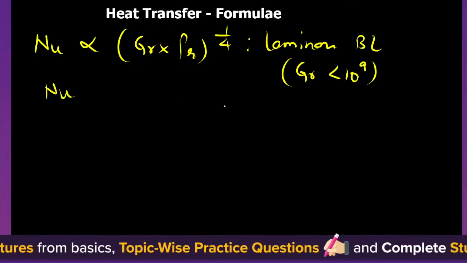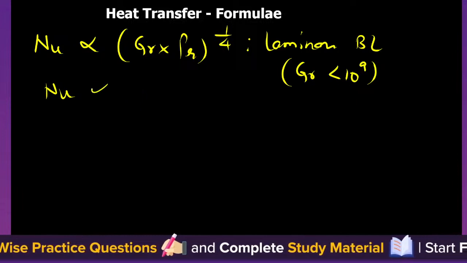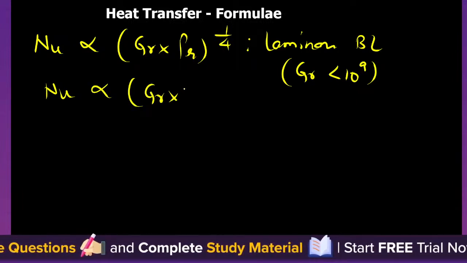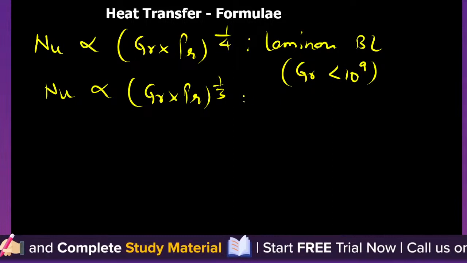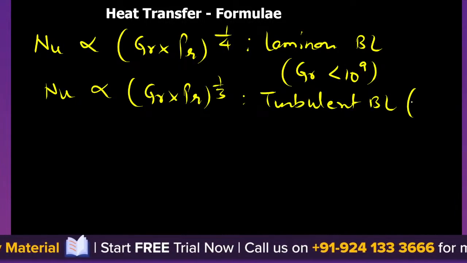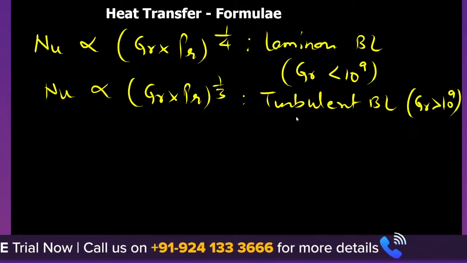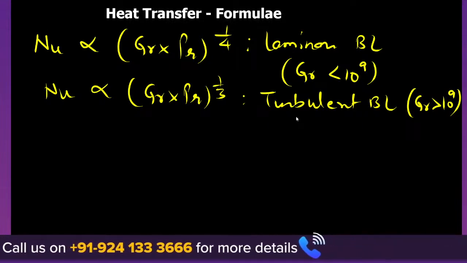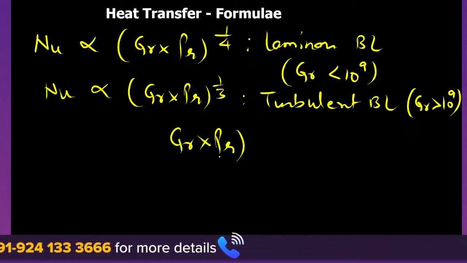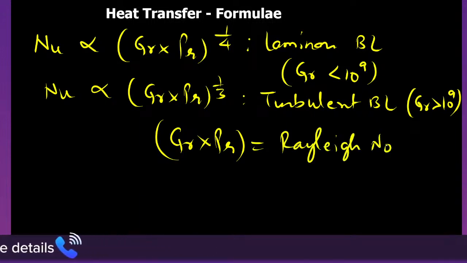And Nusselt number is proportional to Grashof number into Prandtl number to the power 1 by 3 for turbulent boundary layer, when the Grashof number is greater than 10 to the power 9. And the product of Grashof number and Prandtl number is the Rayleigh number.